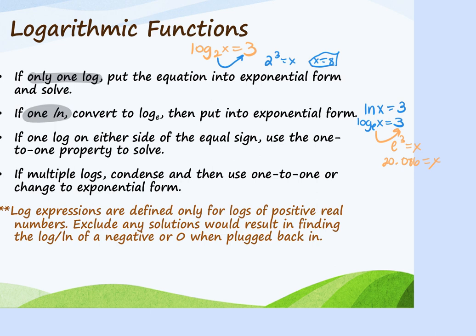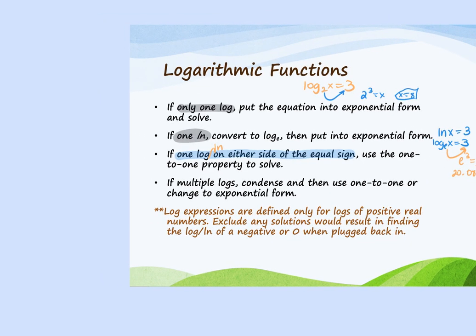The third kind is if there's one log or ln, I should say, on either side of the equal sign. And for these, we use the one-to-one property. We literally ignore the log. We drop it off, because if it's on both sides, it's okay. And we set what's left equal to each other. So if I had log of x plus 3 equals log of 7, as long as the log base on either side is the same, so it could have been log base 3, log base 10, log base 5.